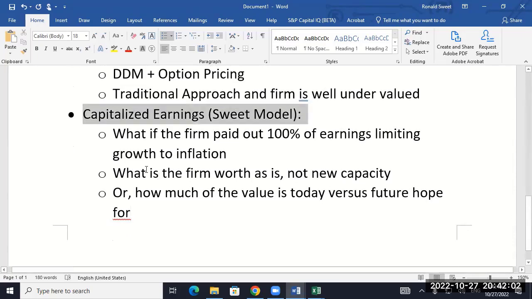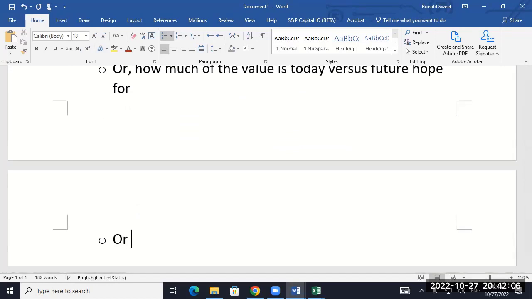There are firms where this valuation is higher than the dividend discount model. And those are firms that are probably paying dividends that are greater than free cash flow. It's not sustainable.